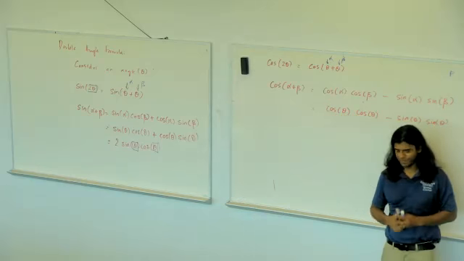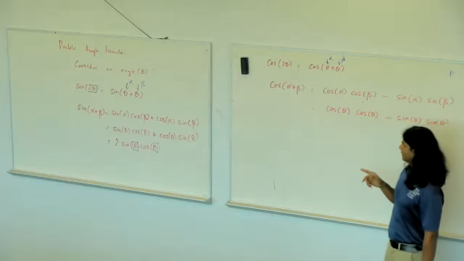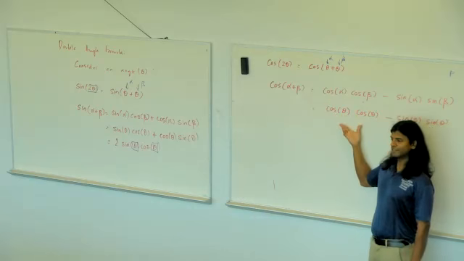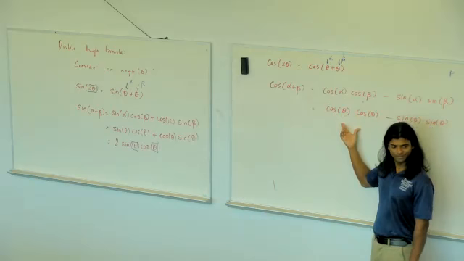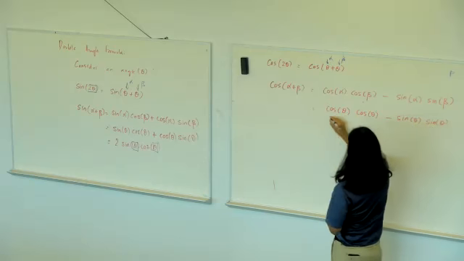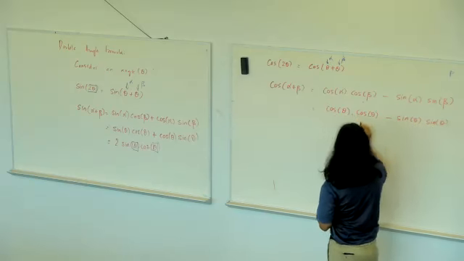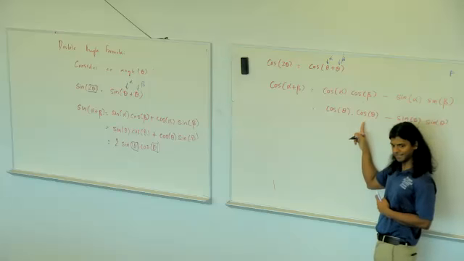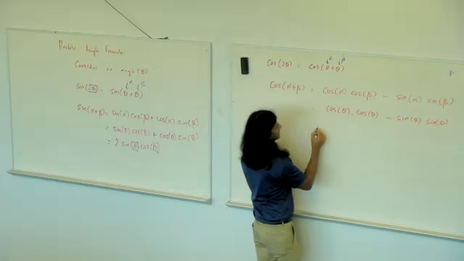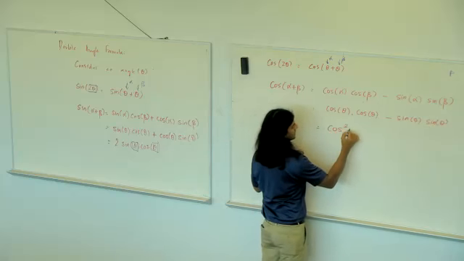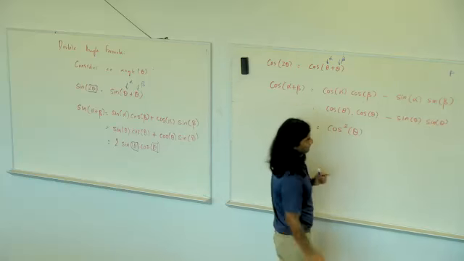Strangely, as I went around, quite a number of you wrote this as 2 cosine theta. But it's not. Cosine theta times cosine theta is not 2 cosine theta, rather cosine squared theta.